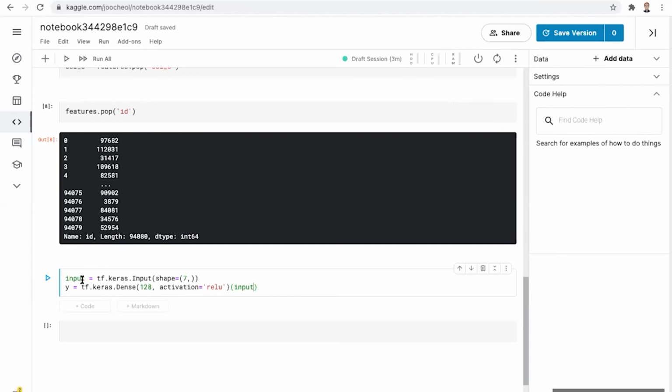So instead of writing just the input, I said my input. And then I'm going to make a keras dense layer, which has 2 nodes, and activation is softmax.